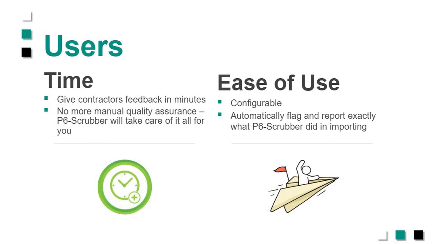Now, we're not critiquing the schedule quality. We've got our P6QA tool for that, but this lets you see whether they're adhering to your standards, and of course helps make sure that the standards stay and don't get mucked up with a bunch of extra erroneous codes that you don't want in your system.